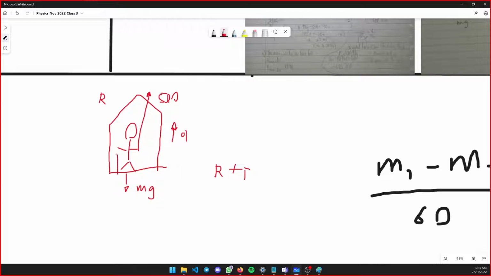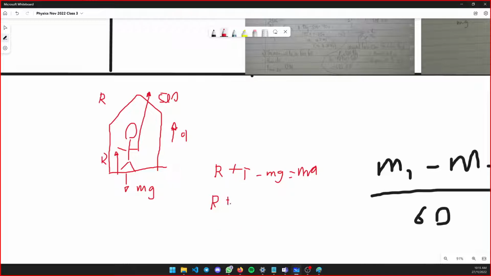R is anything that's against gravity. So R plus T, equals to, sorry, minus mg, because mg is going down, equals to the resultant force.